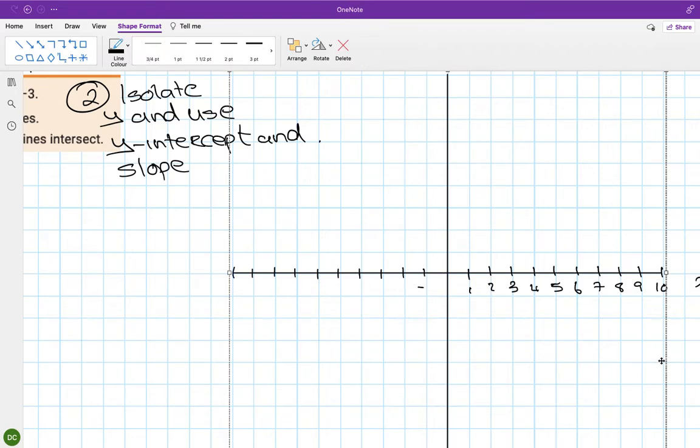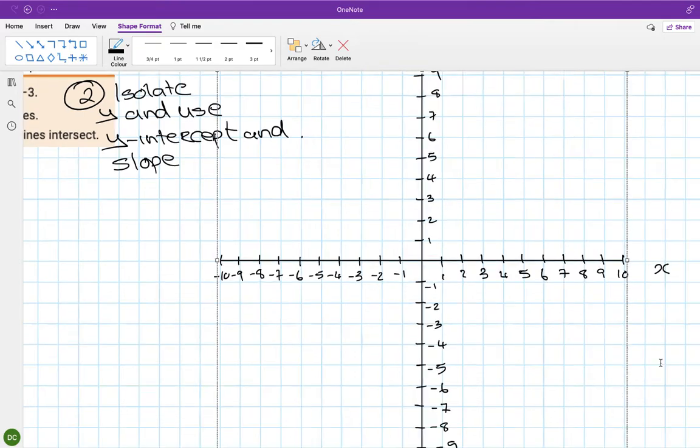So that's minus 1, minus 2, minus 3, minus 4, minus 5, minus 6, minus 7, minus 8, minus 9, minus 10. 1, 2, 3. Sorry, complete silence as I write the numbers. Okay, so there's my graph.